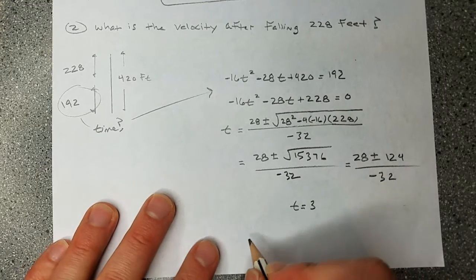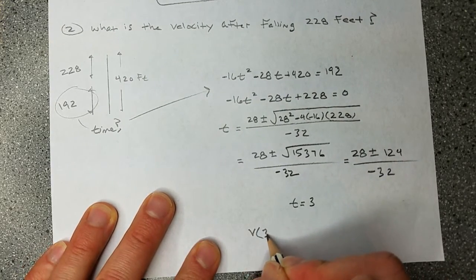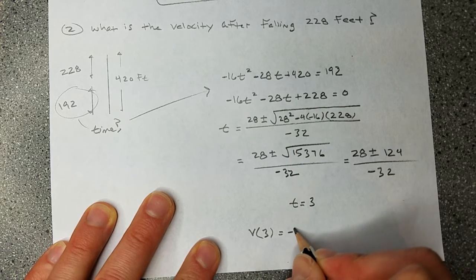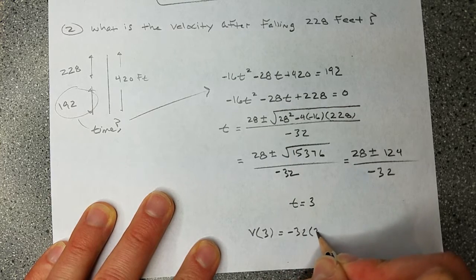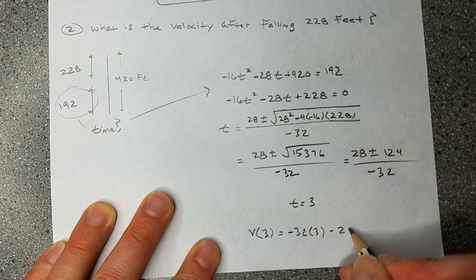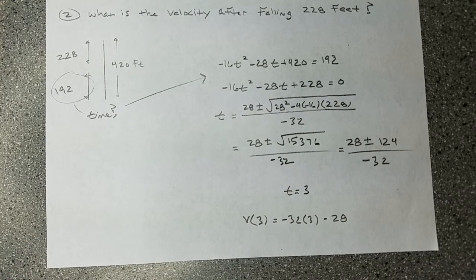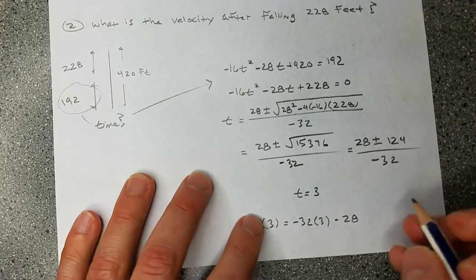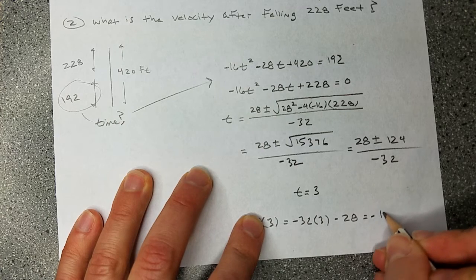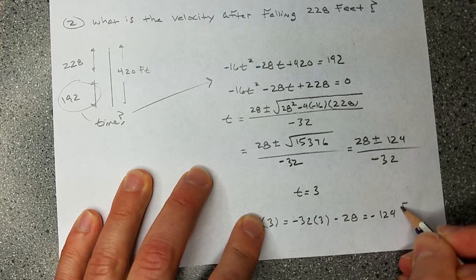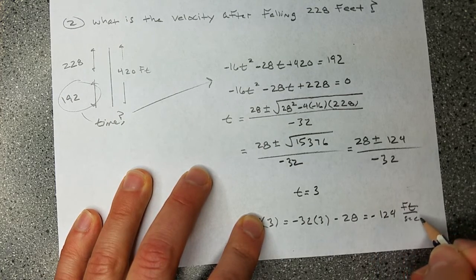So our answer is going to be v of 3, which is negative 32 times 3 minus 28. So that turns out to be negative 124 feet per second.